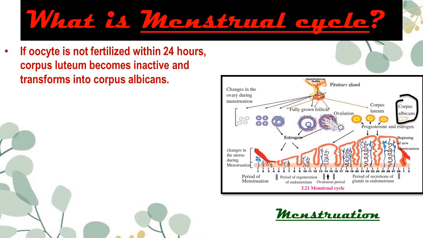Okay, now next, if the oocyte is not fertilized within 24 hours, the corpus luteum becomes inactive and transforms into a corpus albicans. So corpus albicans is basically an ovarian scar.